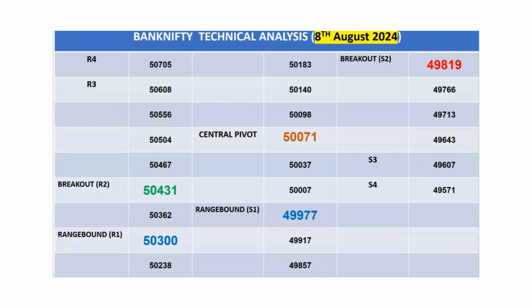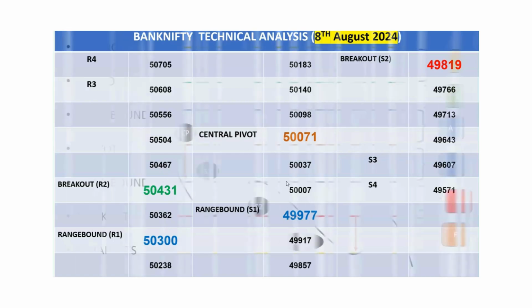These are based on the price movement that occurred during 7th of August, and we are predicting that this price movement will give rise to this kind of levels on 8th of August. So on 8th of August, we can see that this point is your R2, R1, then this one is the central pivot point. All of that we had discussed earlier.